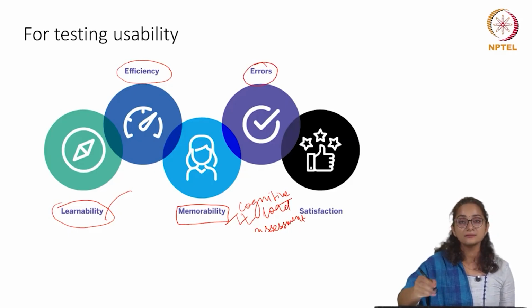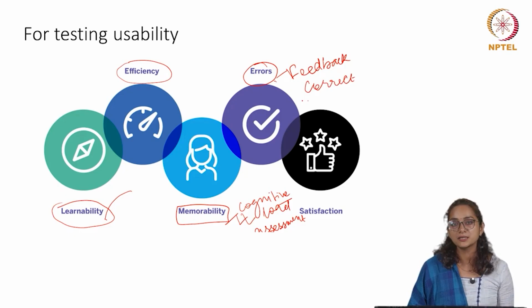Focus on reducing errors and providing feedback to users whenever they have successfully and correctly completed tasks, or even telling them when there is an error, when they have missed out on something. Just to give you an example, I think you might be familiar that now in Gmail, when you have to send an attachment, and in the body you write, please find the attached file, but you forget to attach the file, it always gives you a prompt.